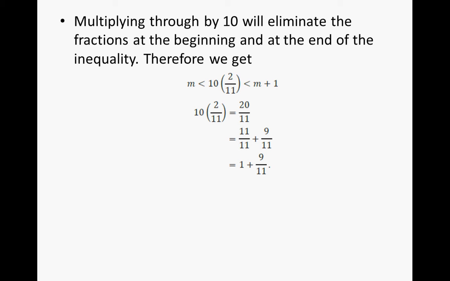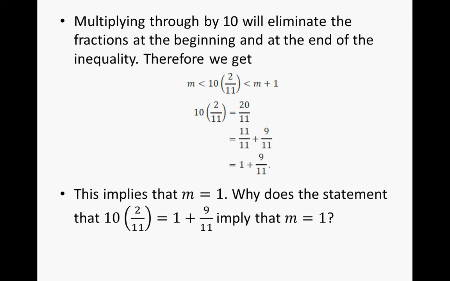So now we have 10 times 2/11ths, which is 20/11ths, and that can be written as 11/11ths plus 9/11ths, or 1 and 9/11ths. So therefore, m has to be 1. Why does the statement that 10 times 2/11ths equals 1 plus 9/11ths imply that m is 1?